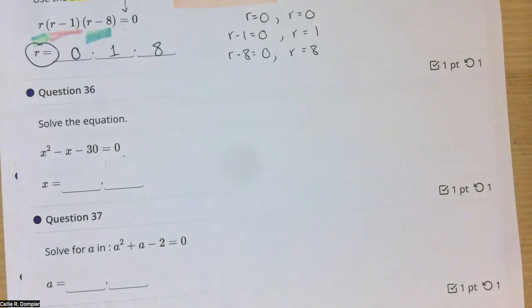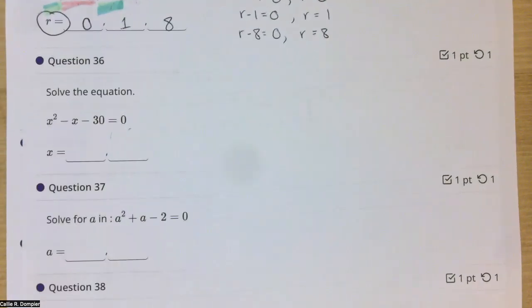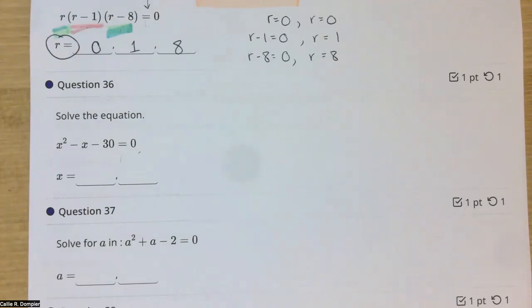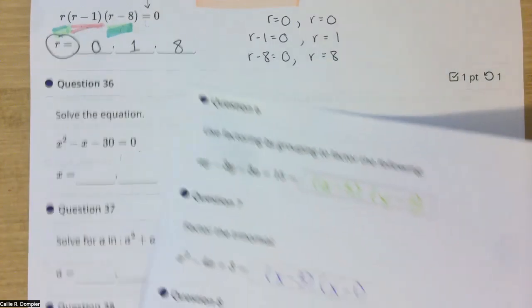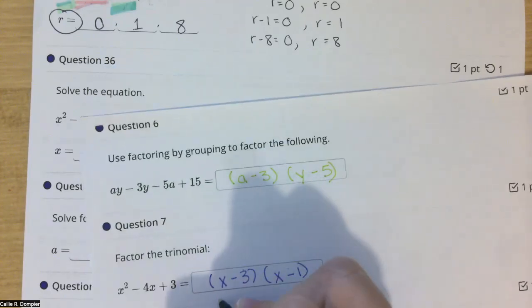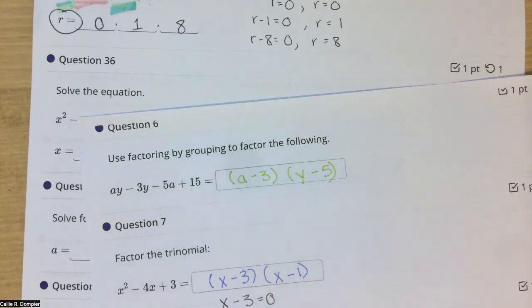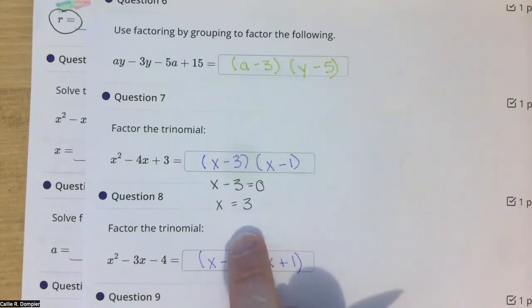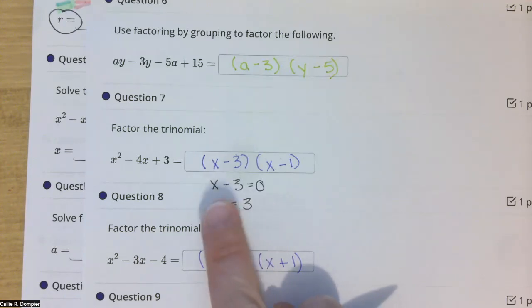Question 36, solve the equation. So very similar to factoring the trinomial, except that after you have your 2 factors, you set each factor equal to 0, and then you find out what x is.